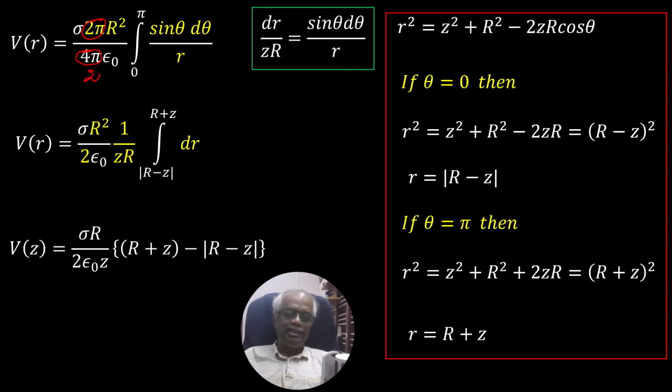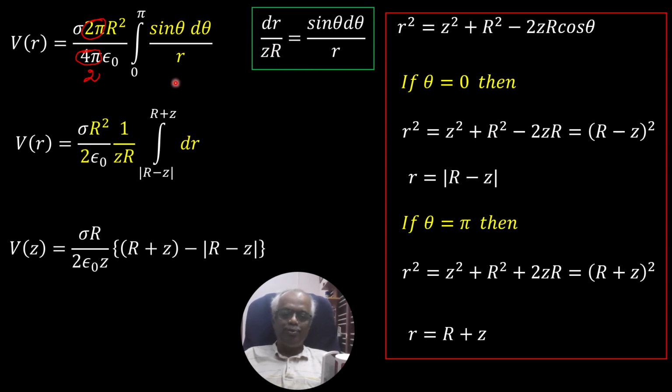Naturally, you will get sigma R squared in the numerator and 2 epsilon naught in the denominator. And I am going to replace sin theta d theta over script R by dR over zR, because we have already seen sin theta d theta over script R is equal to dR over zR.